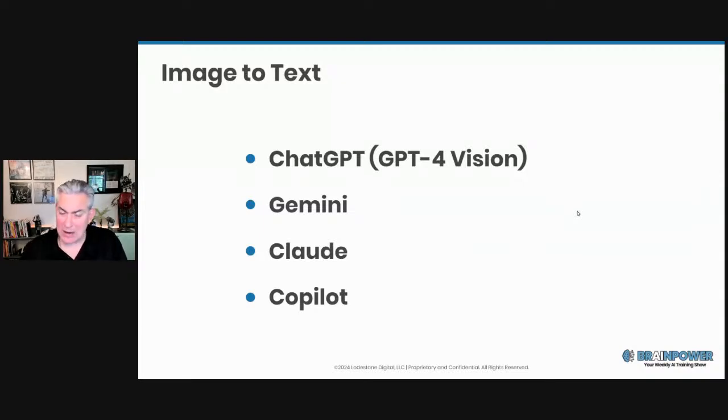So now we can upload images in ChatGPT, Gemini, Claude, Copilot, and again, ask for a description. So now this is going to be interesting. I'm actually going to take the image that was created out of ChatGPT, out of DALL-E, and ask for a description of it. It's kind of flip the script here.